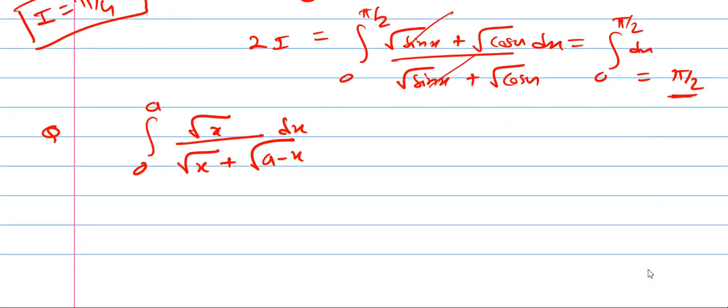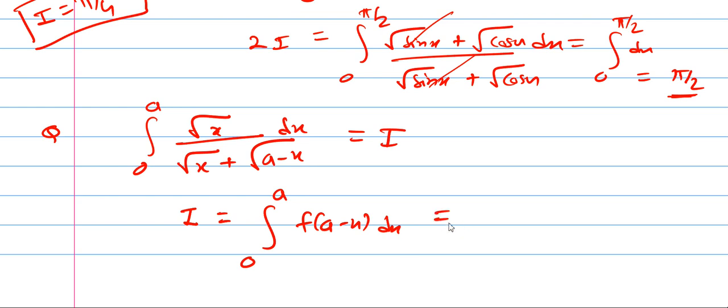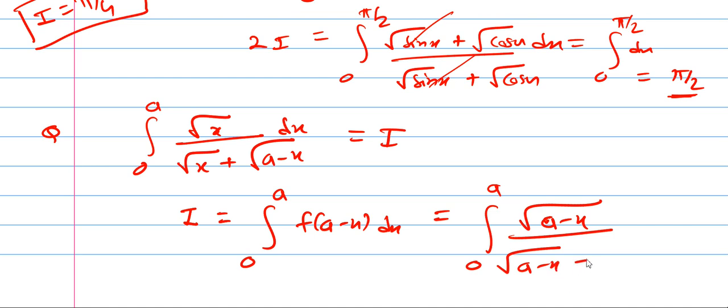Next question. So this is the integration I. Now what I will do, I will calculate I equal to integration 0 to a f of a minus x dx. So just in place of x, put a minus x. So this becomes integration 0 to a, in place of x put a, under root a minus x.